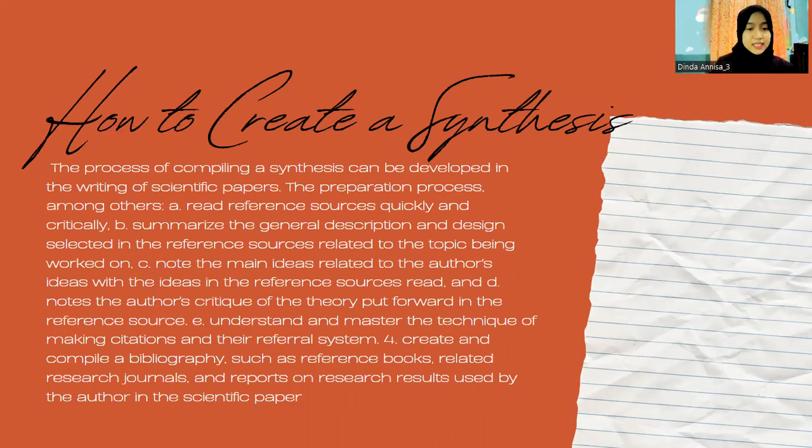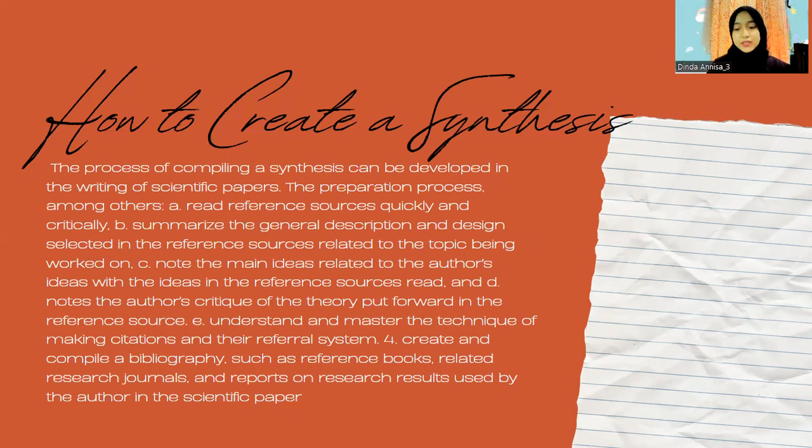And the second is summarize the general description and design selected in the reference sources related to the topic being worked on. Compiling a summary. A summary is a short article from a reference sources that contain the main idea and is arranged in a coherent manner in accordance with the order in the reference sources.